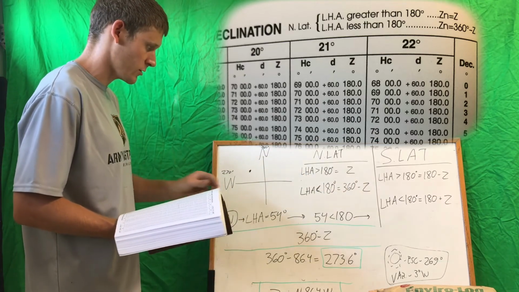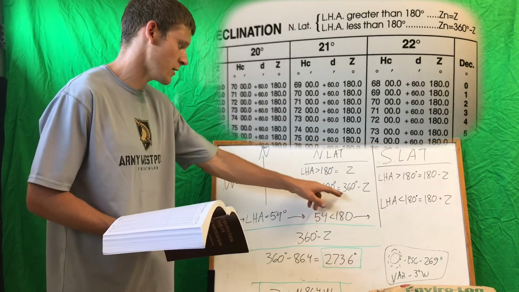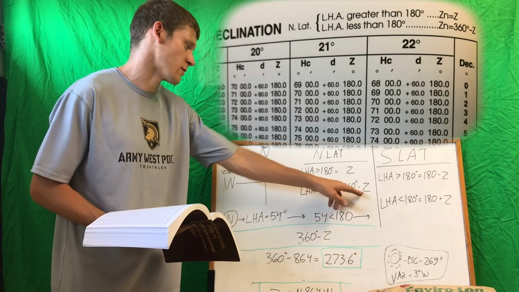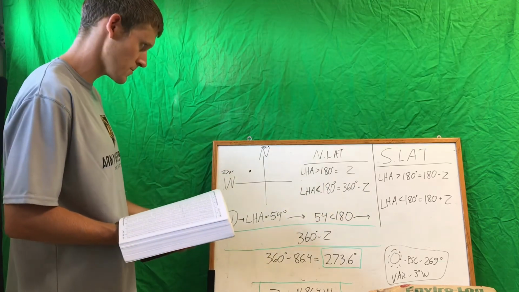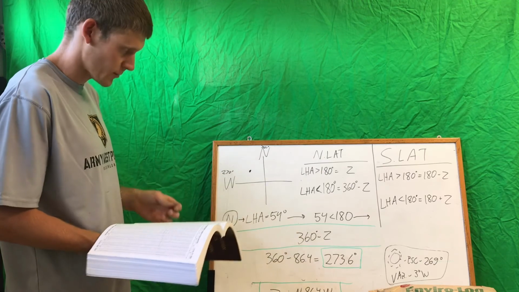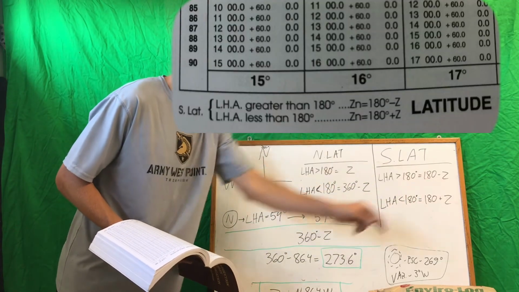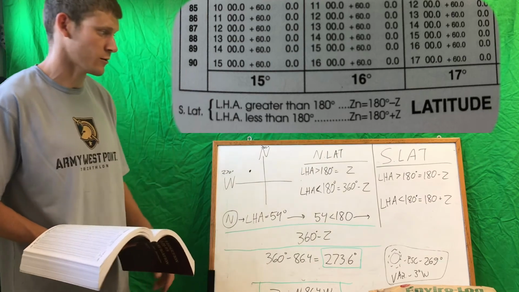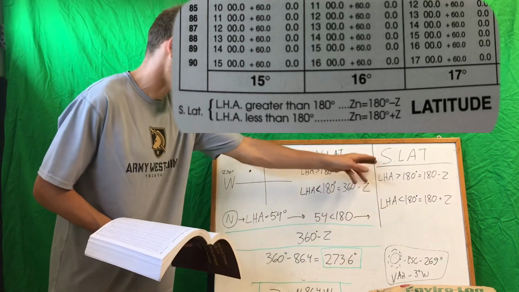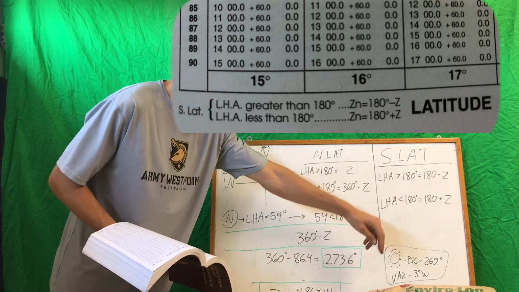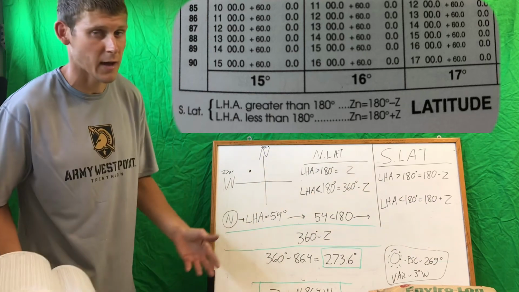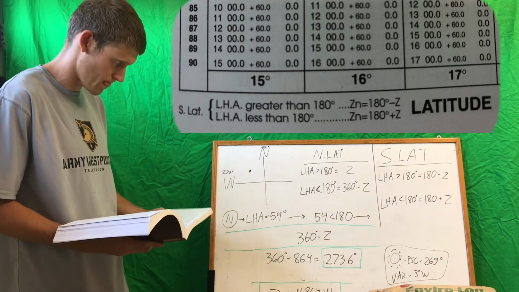In the north latitude, if your LHA is less than 180, then you need to take 360 and subtract Z. Whereas in the southern hemisphere, if your LHA is greater than 180, you take 180 and subtract it from your Z, your azimuth, and if LHA is less than 180, you take 180 and add it to your azimuth.